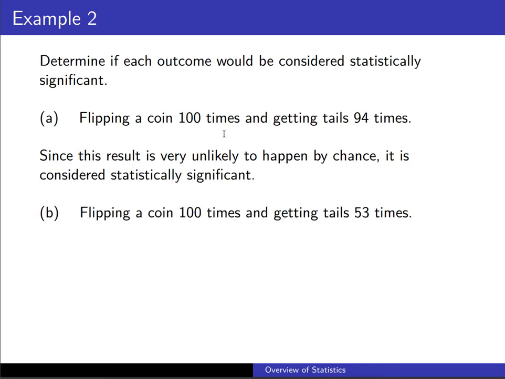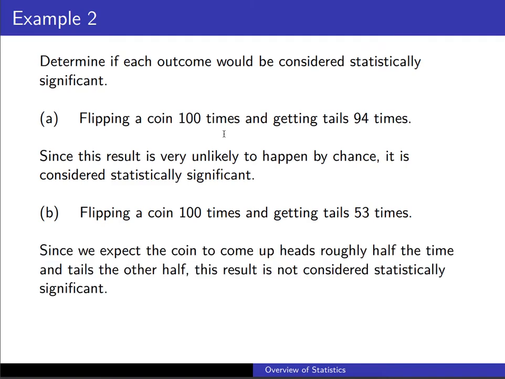Part B, flipping a coin 100 times and this time getting tails 53 times. Well, we know that when we flip a coin, we have two outcomes. We have heads and we have tails. And we'd expect, if we flip a coin a certain number of times, roughly half the time it would come up heads, and the other half of the time it would come up tails.